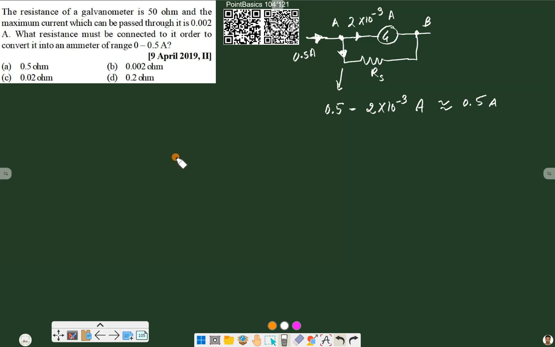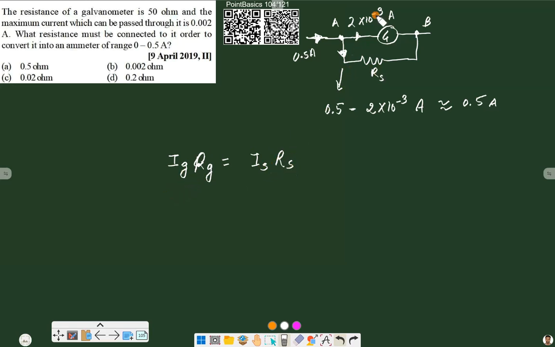Or we can say the current going through the galvanometer into the resistance of the galvanometer, that is the potential drop across the galvanometer, should be equal to the potential drop across this RS. So it means the current going through this shunt resistance into its value.